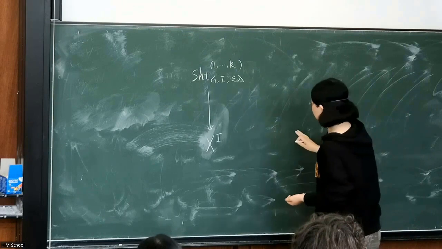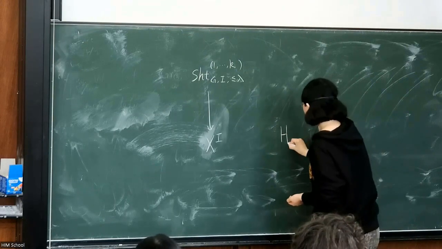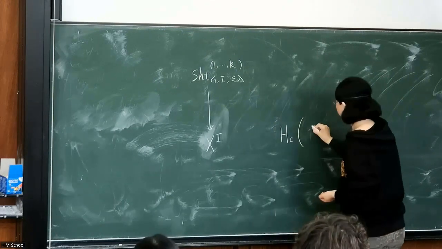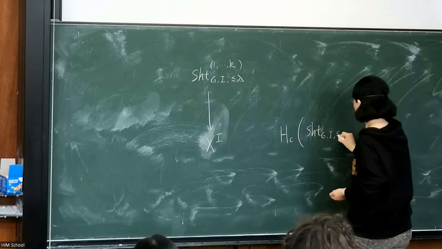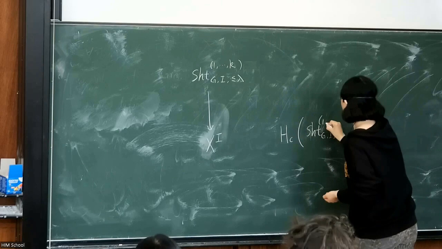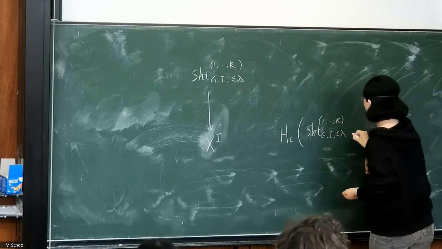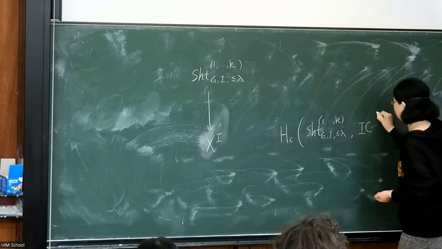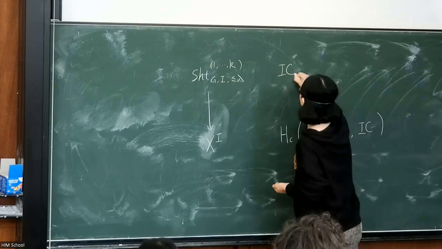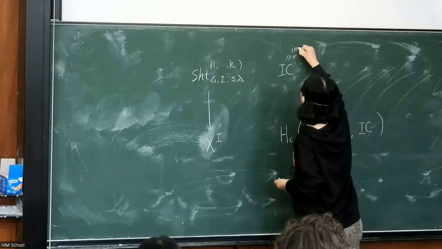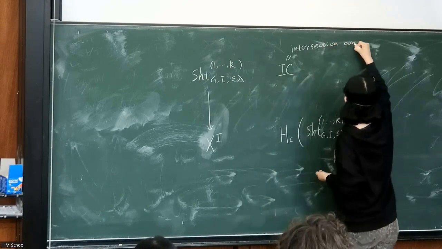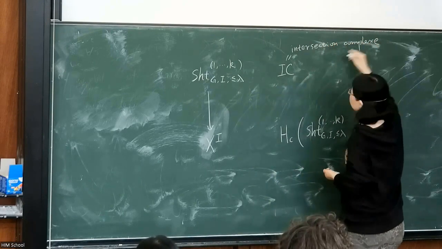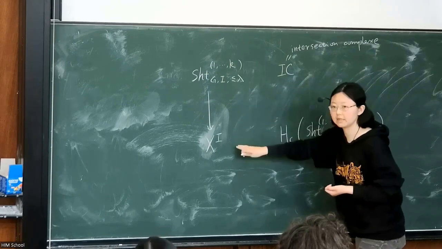We are interested in the cohomology of compact support of its IC sheaf. It has the intersection complex, because it is not smooth.